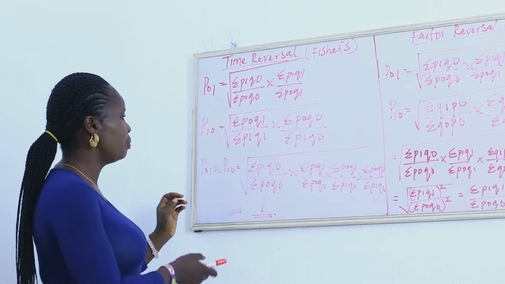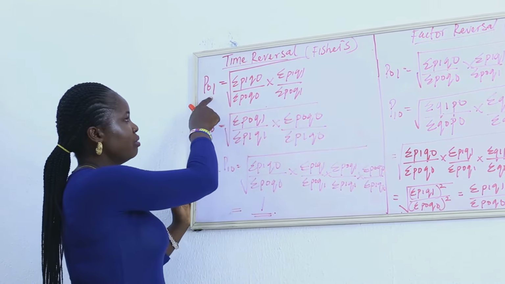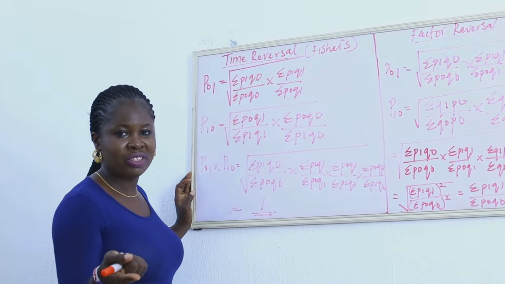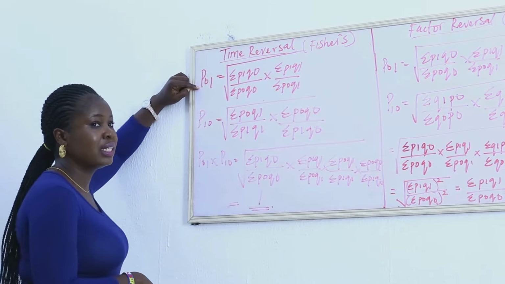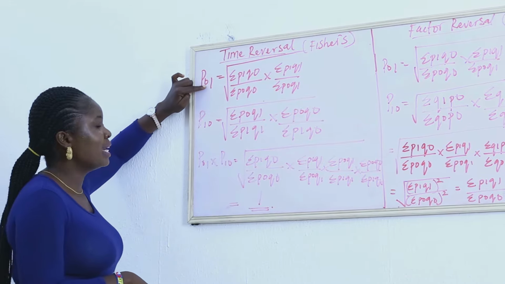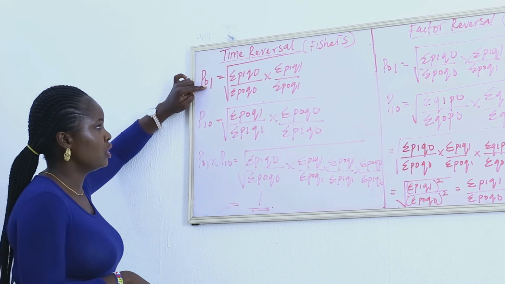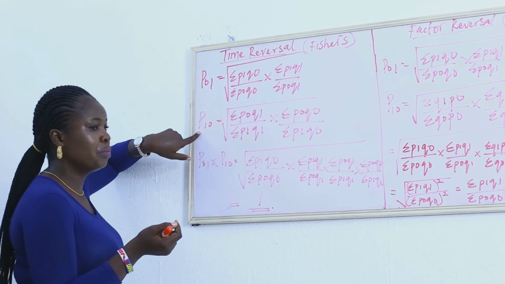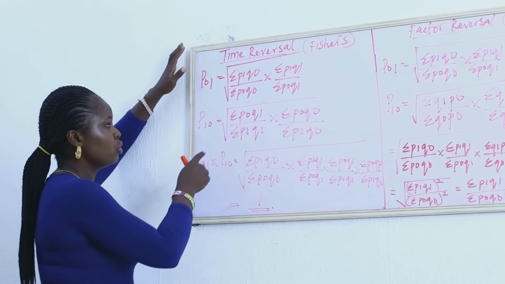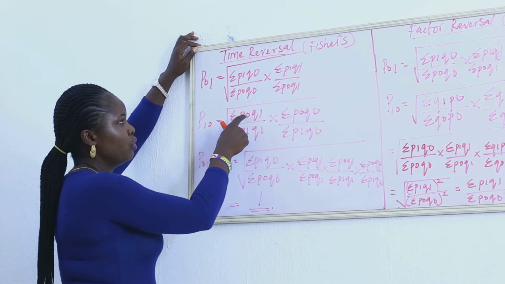So what we do simply is, everywhere we have seen 1, change it to 0, and everywhere you have seen 0, change it to 1. The formula says P01, so where there is 0 we change it to 1, and where there is 1 we change it to 0. So it becomes P10 equals summation of P0.